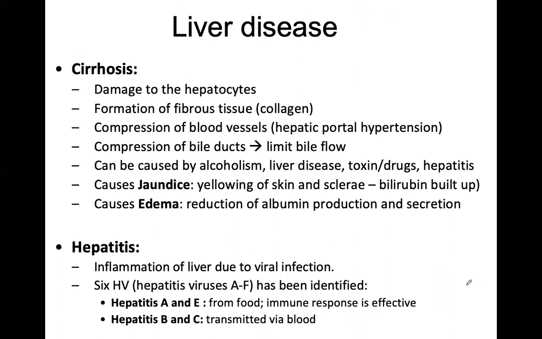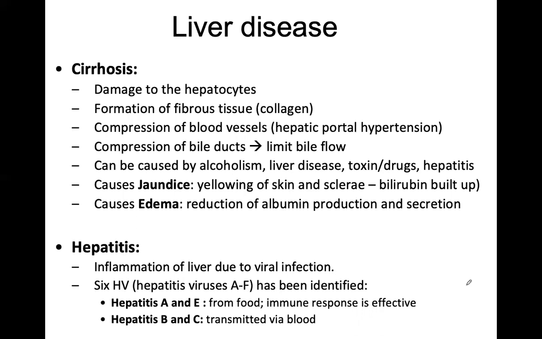Looking at some liver diseases, we have cirrhosis of the liver, which is basically when the cells of the liver called hepatocytes are damaged. When they are replaced by scar tissue, they get replaced by fibrous tissue, which is basically collagen. Now, this change in the microscopic anatomy of the liver can cause compression of the blood vessels, such as the blood vessels associated with the portal vein, causing what we identify as hepatic portal hypertension.